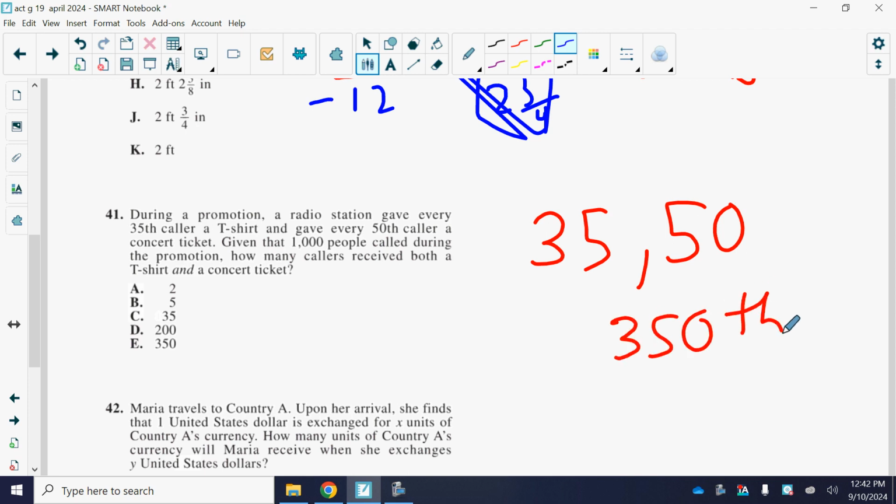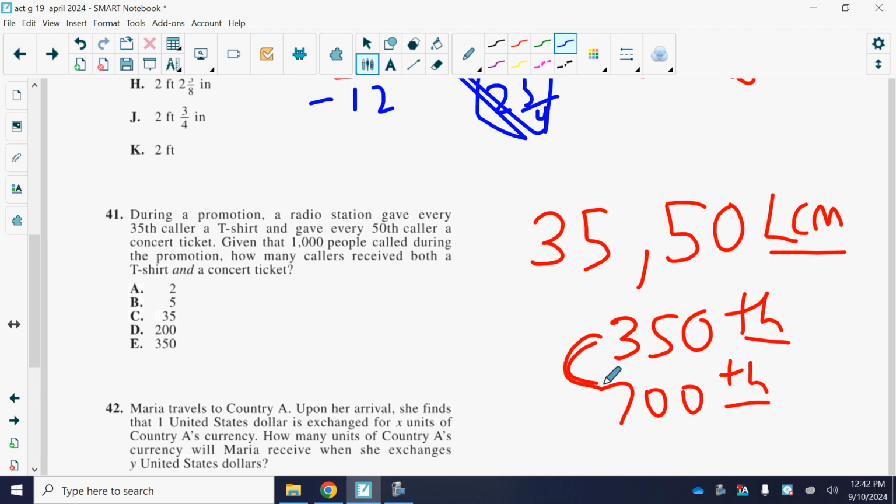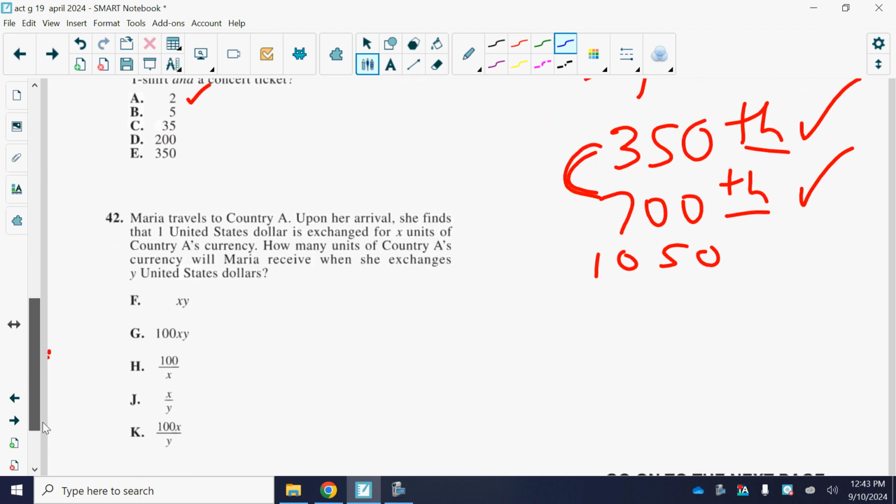So that means the 350th caller is going to win both prizes. Now, that means the 700th caller, times 2, is going to win both prizes. And then the next time that happens, it'll be outside of 1,000. It'll be 1,050. So how many times does it happen? Twice. Once the 350th and once the 700th. The third time is out of bounds. 42.